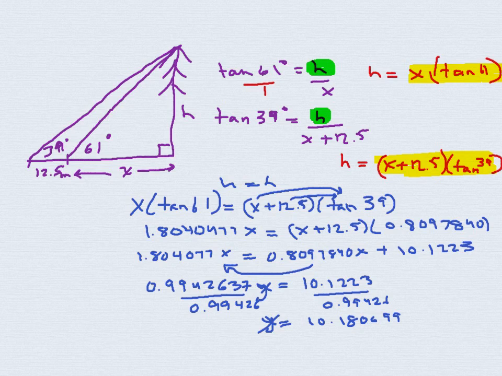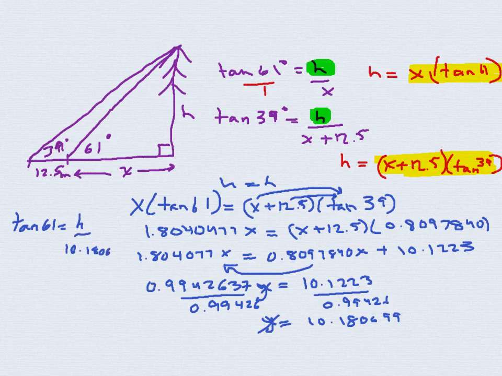So you have to go back and substitute into one of your two original equations that has the x. So say we went back to do the tan of 61 degrees equals h over x. x is now 10.180699.